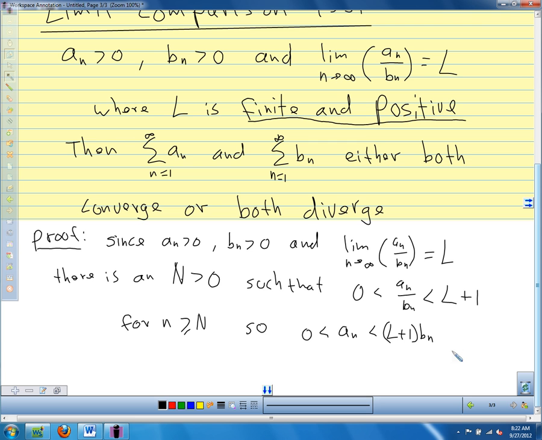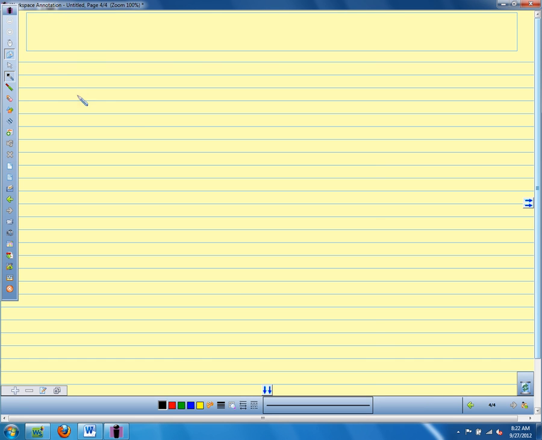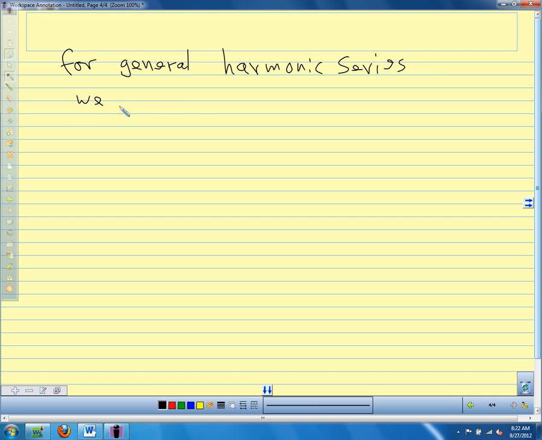So let's go back to our general harmonic series and the harmonic series and use the limit comparison test. For the general harmonic series, we're going to look at the limit as n approaches infinity of 1 over an plus b, over 1 over n.